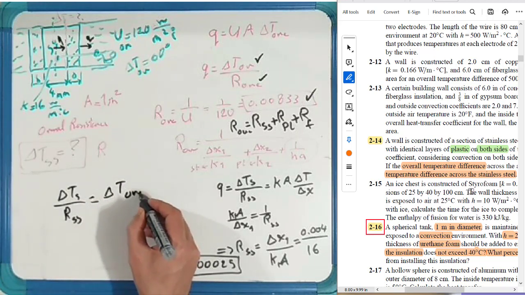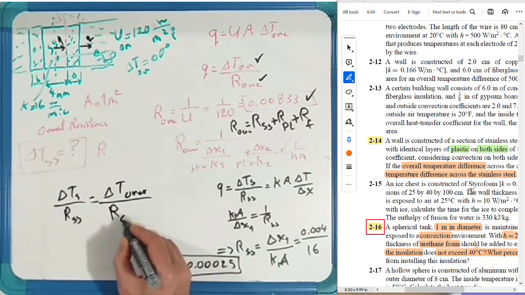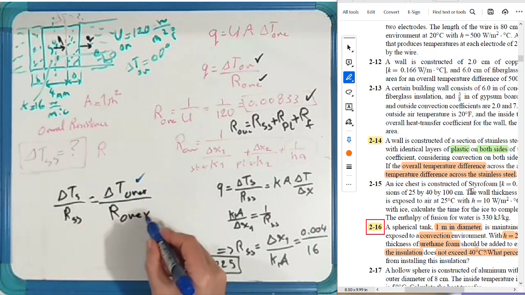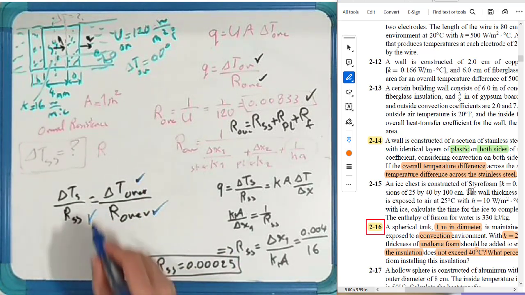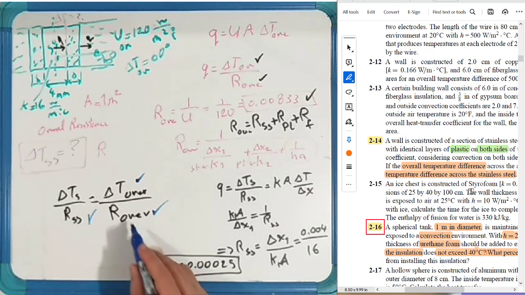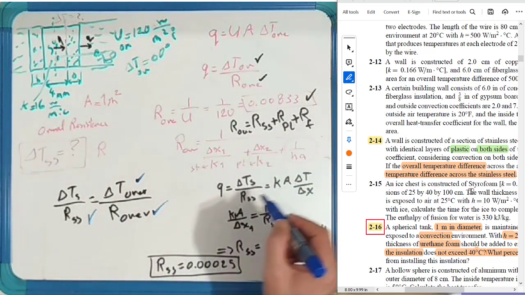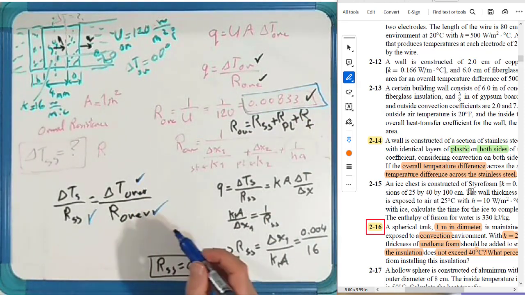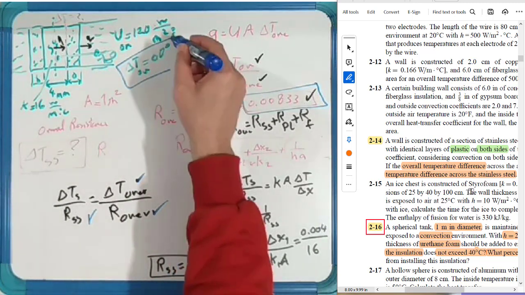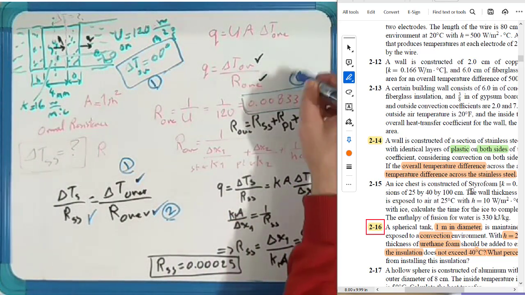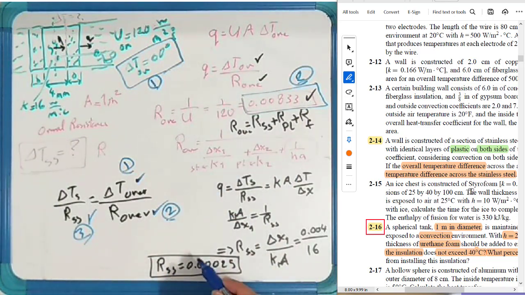I have delta T overall, and I have R overall because I calculated it here.